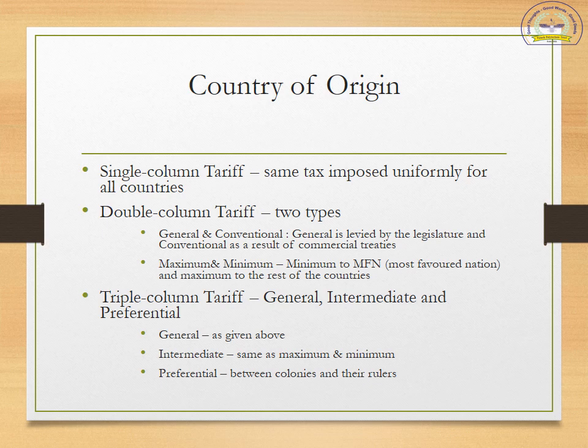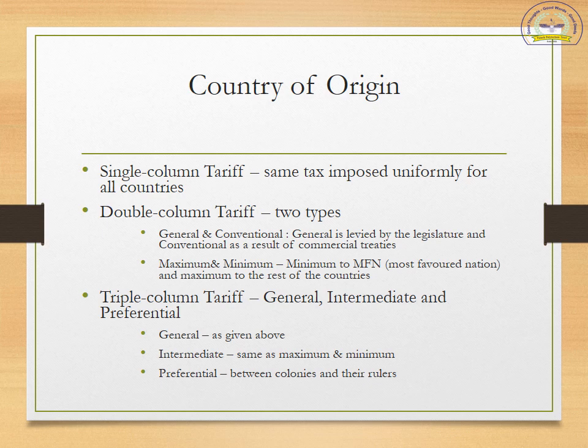The tariff barrier based on the country of origin are single column tariff, double column tariff, and the triple column tariff. The single column tariff provides a uniform rate of duty for all like commodities without making any discrimination between countries. The double column tariff, it differentiates between countries because there are two rates of duties on some or all of the commodities.